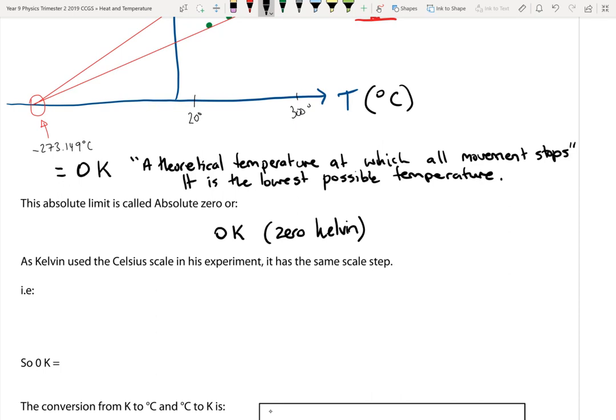Which, if we use our conversion, is minus 273.149999999 degrees Celsius. They have never gotten there, but they've gotten damn close. Okay? Put it in the freezer.